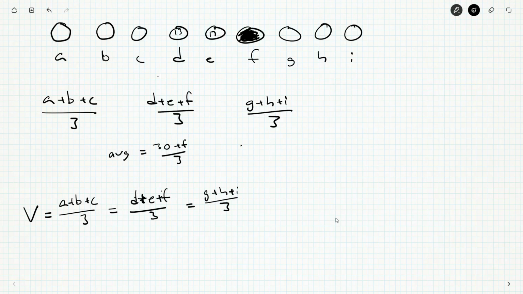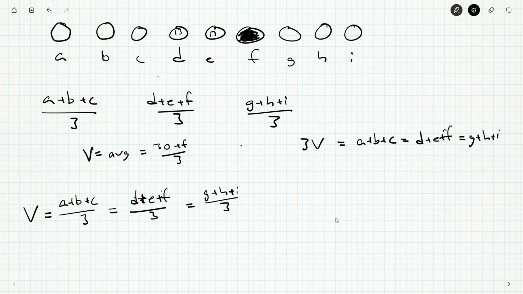We'll call it V for average. Okay. So whatever this is, we've got these numbers here. Well, if I multiply by 3, so 3V is A plus B plus C. But it's also D plus E plus F. But it's also G plus H plus I.